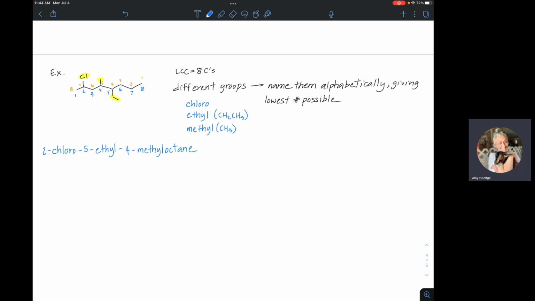If I were to name this numbering from right to left, I'm still going to put it in alphabetical order, but I changed the number of the carbons now, right? So if I numbered in this direction, 7-chloro, I have 4-ethyl.